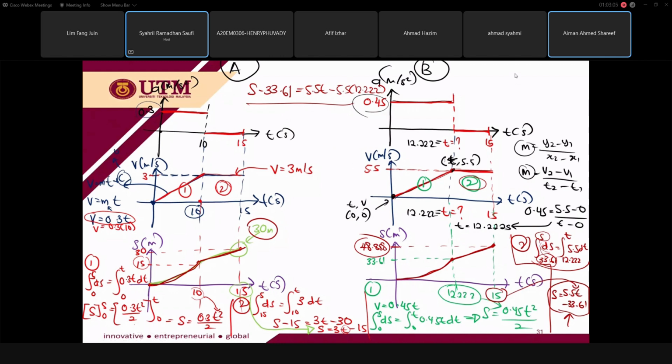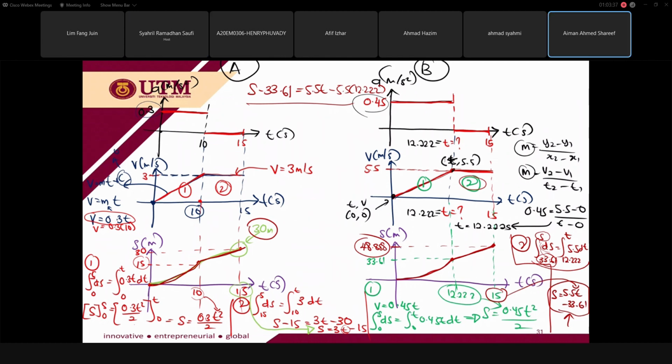Sir, can we use the formula to calculate the distance or the acceleration? Which formula? S is equal to ut plus half at squared. Yes, you can use that because this is a constant acceleration, but then you need to know the parameters.